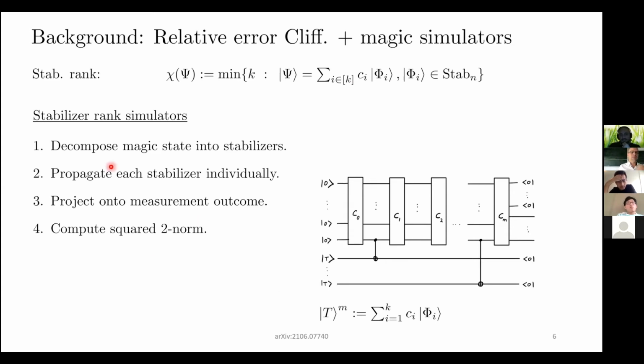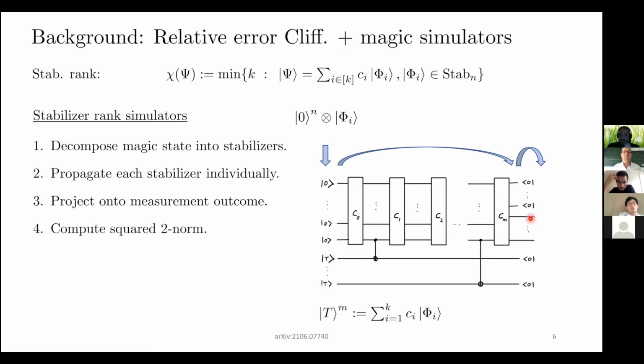The basic idea goes as follows. First, we decompose our magic states into this linear combination of stabilizers, and then we pick one term at a time and construct this stabilizer state, and then propagate it through the circuit, and through the measurement or the post-selected projection.